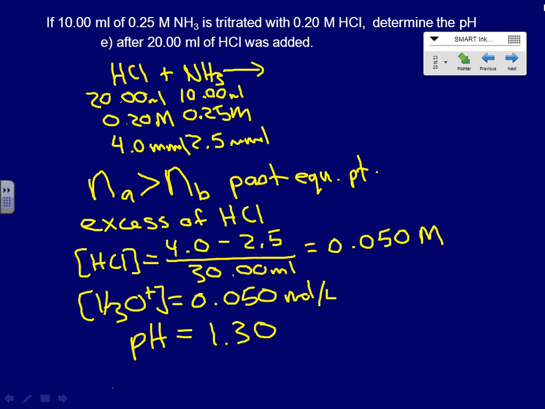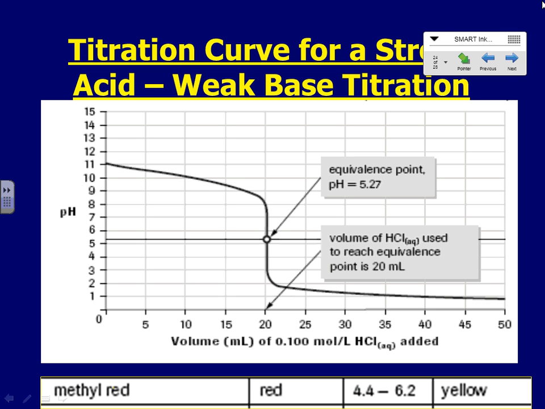So really, when we do our titration questions, it's really thinking about what is consuming what, whether I have weak acid or weak base or a combination of two in the solution. And after the equivalence point, the pH is determined by the strong substance, whether it's an acid or a base. Let's take a look at the titration curve.